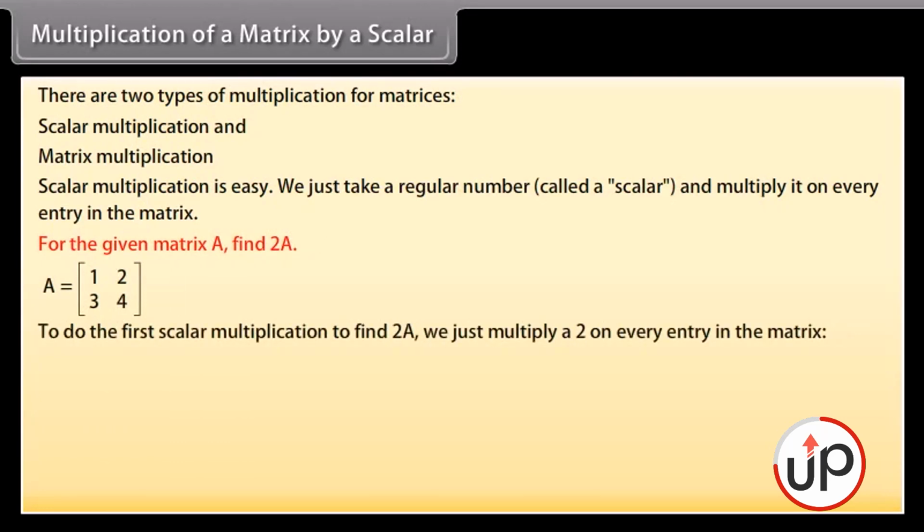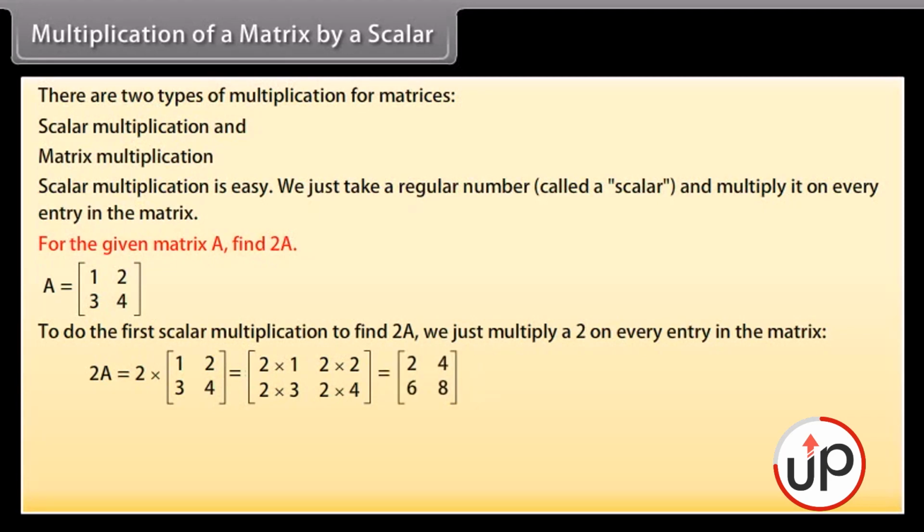To do the first scalar multiplication to find 2A, we just multiply a 2 on every entry in the matrix. 2A is equal to 2 into the matrix with first row 1, 2 and second row 3, 4, which is equal to the matrix with first row 2 into 1, 2 into 2 and second row 2 into 3, 2 into 4, which is equal to the matrix with first row 2, 4 and second row 6, 8.